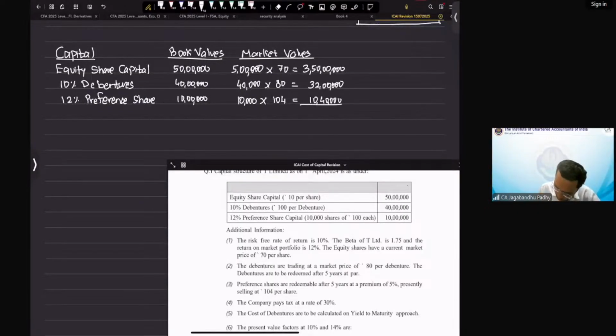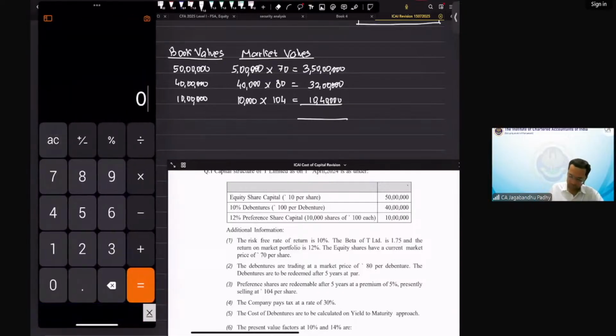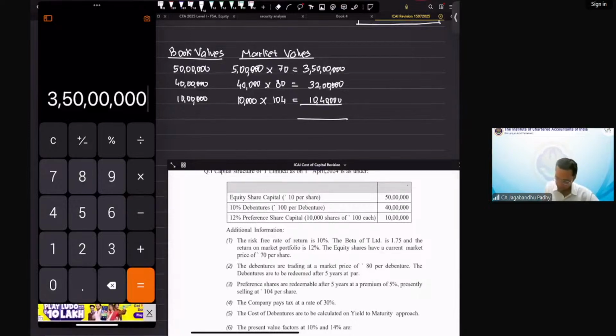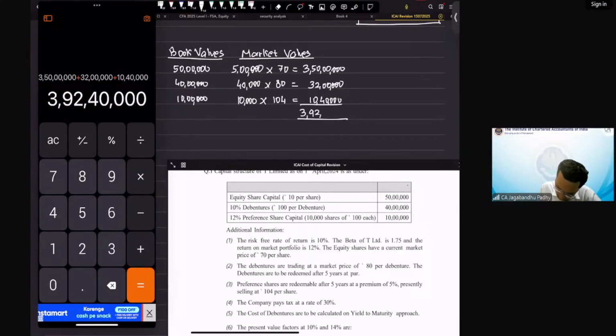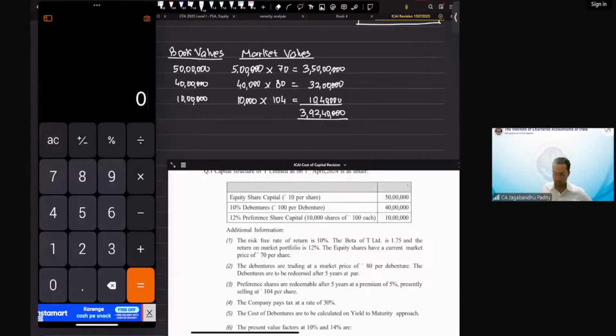Let's take the total of all the market values: 3 crore 50 plus 32 lakhs plus 10 lakh 40,000, which is 3 crore 92 lakh 40,000.